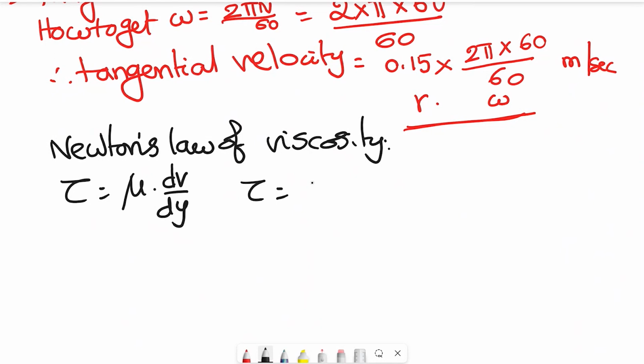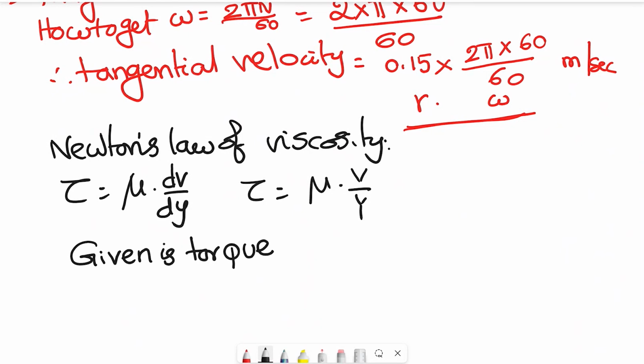Tau is equal to mu into V by y, right? But the given one is torque. So given is torque. Then how to get tau? This is the question.